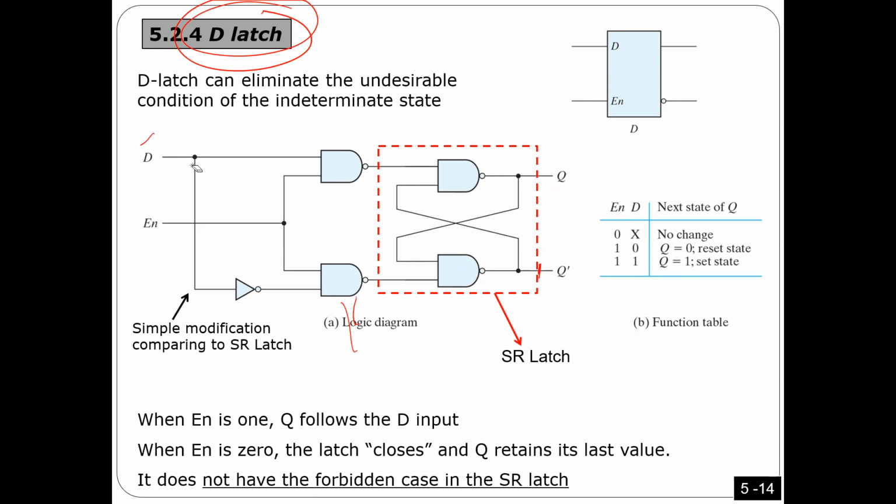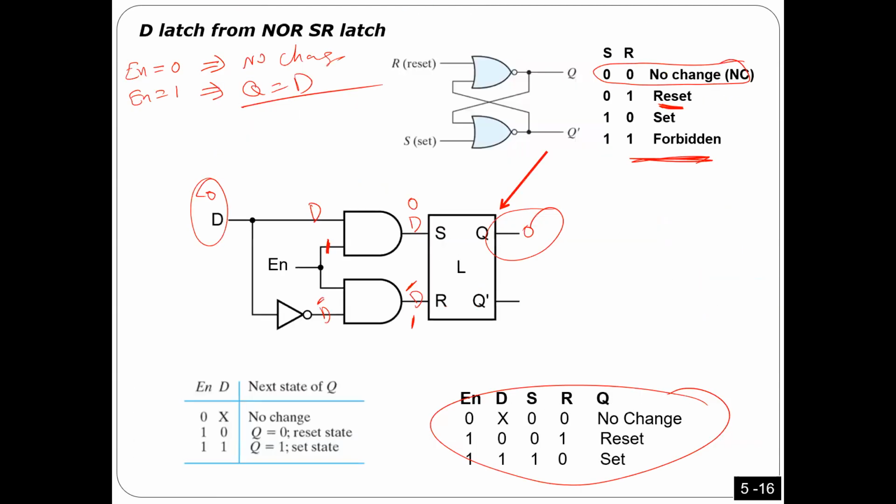Now we have this one here. We have D, sorry, we have enable, and then we have Q. I told you if enable equals 0, there's no change. If enable equals 1, Q is going to equal D. So now look at the point that we made here.